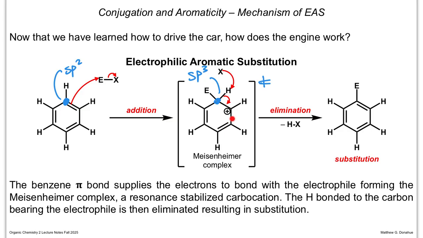This doesn't obey the rules for aromaticity because of that sp3 hybridization breaking up the conjugation. So the driving force is to restore that. So pick your poison for whatever electrophile you want. These are the general arrow pushing for whatever is going to happen.